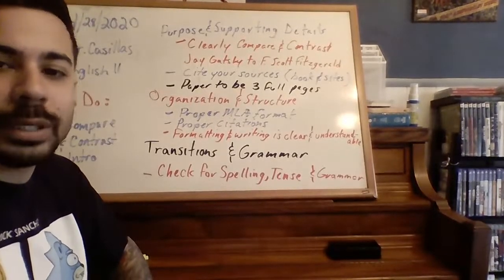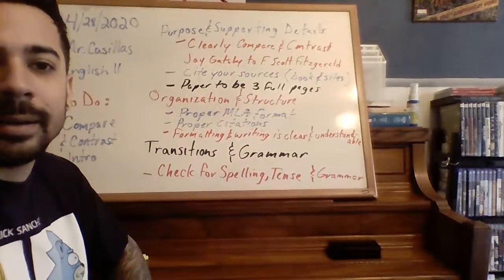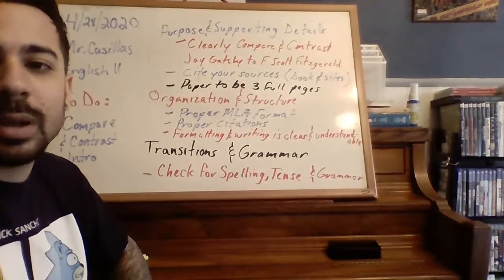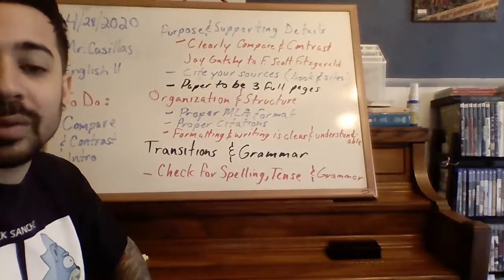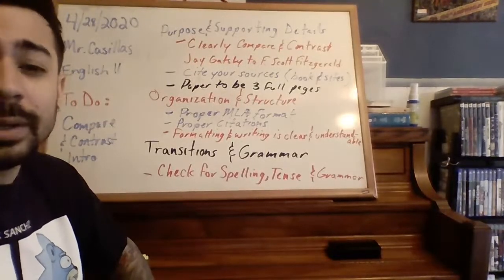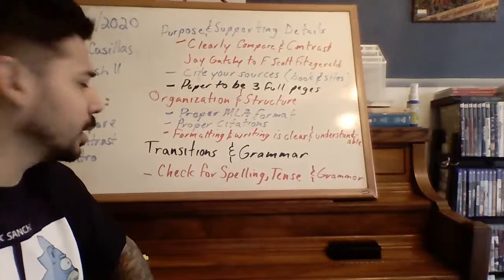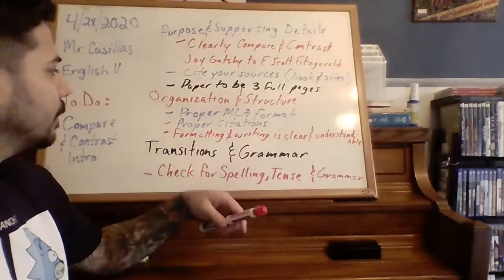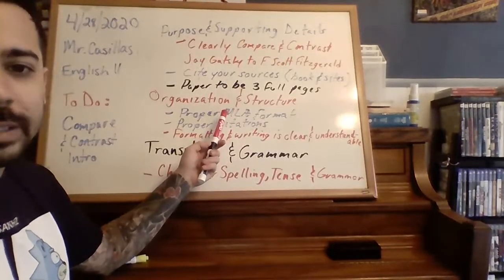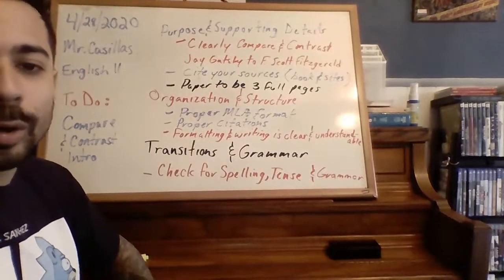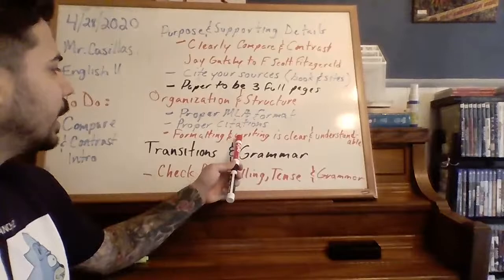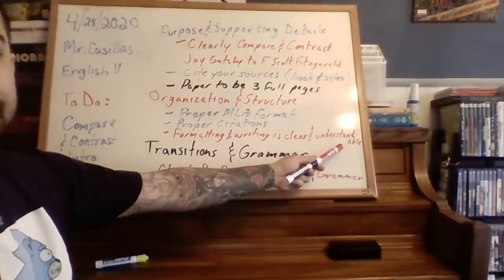You guys have done pretty well at not only writing your papers, but asking questions to make sure you are on the right path. For organization and structure, I want to see, again, 4 out of 4 is going to be the information is broken up whole to whole, so we can go from point A to point B clearly and understandably.